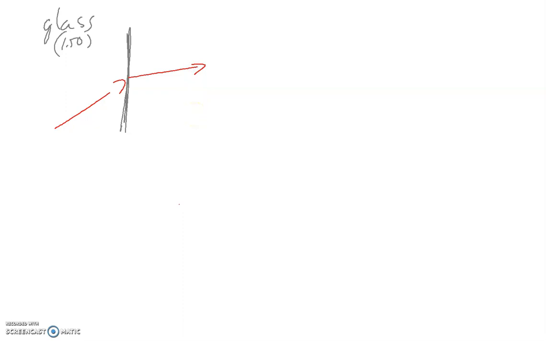And let's say over here it came in at a 50-degree angle, and then refracted inside of here, and let's say it's only 20 degrees in there. And I don't know what that second material is, but I want to know what is the index for the second material and how fast is light in that second material.